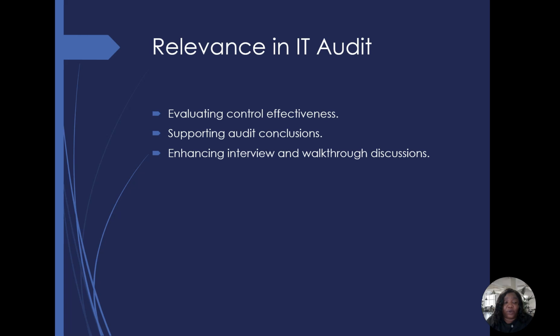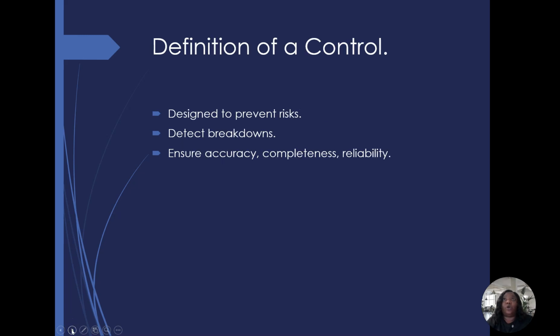During my course of previous IT general controls testing, one other important thing is that control failure supports external audit requirements where clear documentation of expectations and their impact is also required. So it is relevant to evaluating control effectiveness, it is relevant to support audit conclusions, and also to enhance your interview and walkthrough discussions while you are testing. So control failure is very important and one of the things you have to pay close attention to.